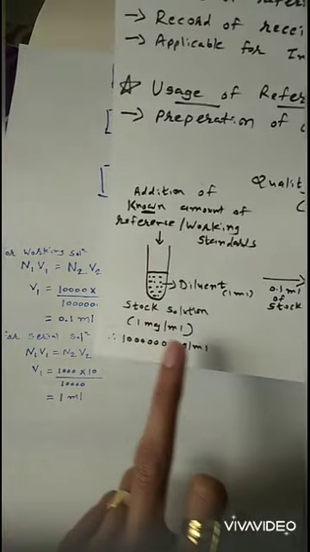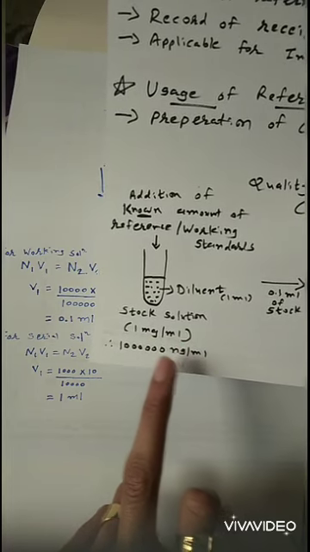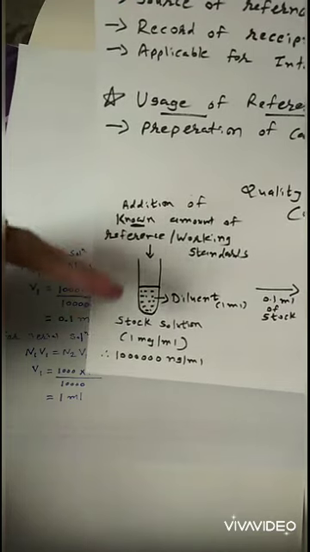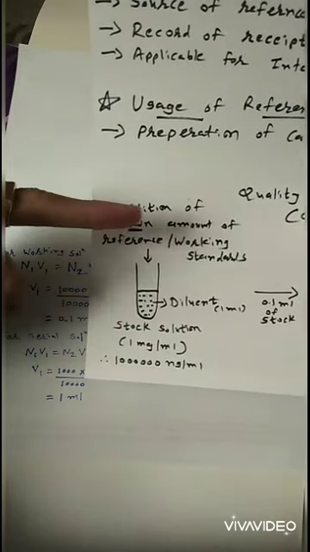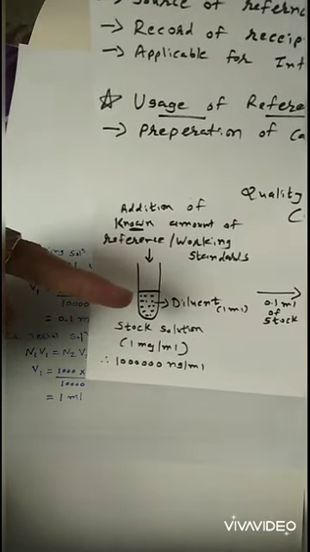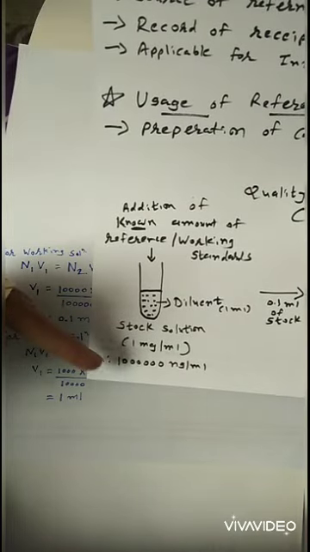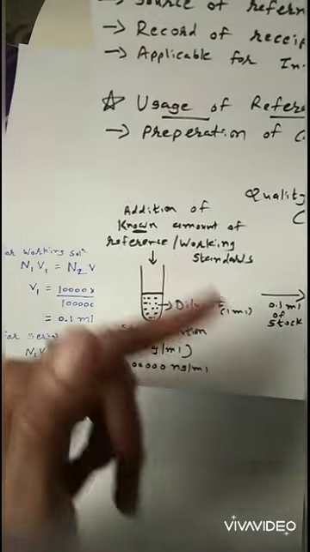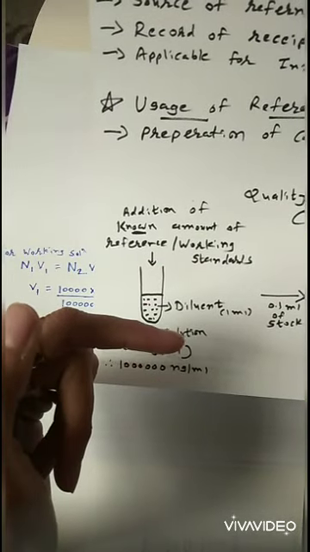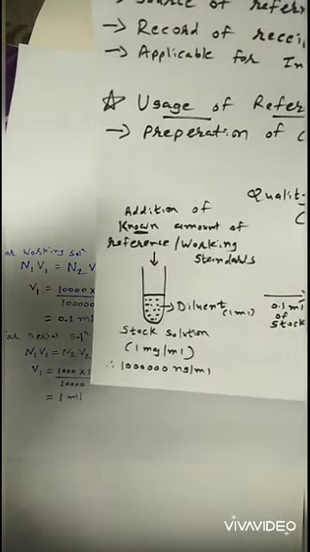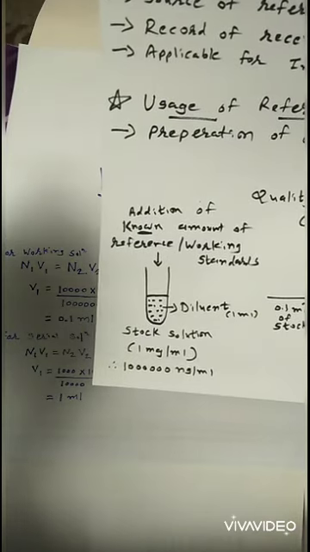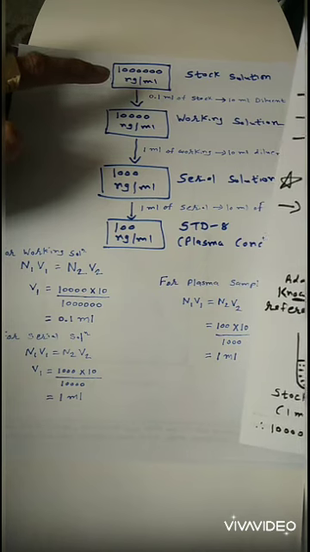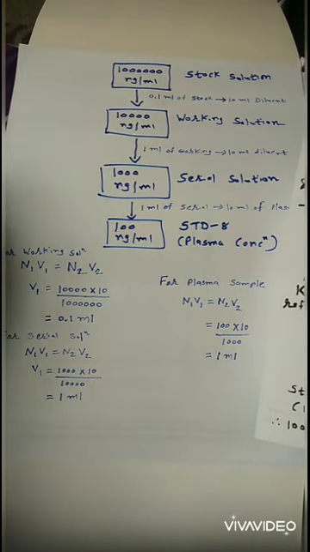As you see here, we prepare the stock solution of 1 million nanogram per ml. How do we prepare it? I explained that we add 1 milligram per ml of the reference or working standard in the diluent, and we get the concentration of 1 million nanogram per ml. This diluent may be methanol or acetonitrile or water, any diluent in which the drug can be dissolved. So now we have a stock solution with a concentration of 1 million nanogram per ml.